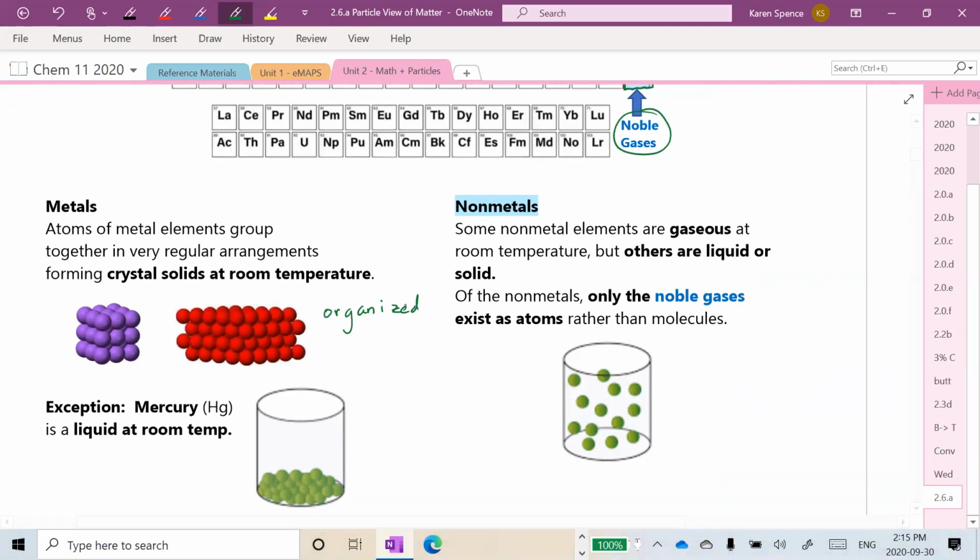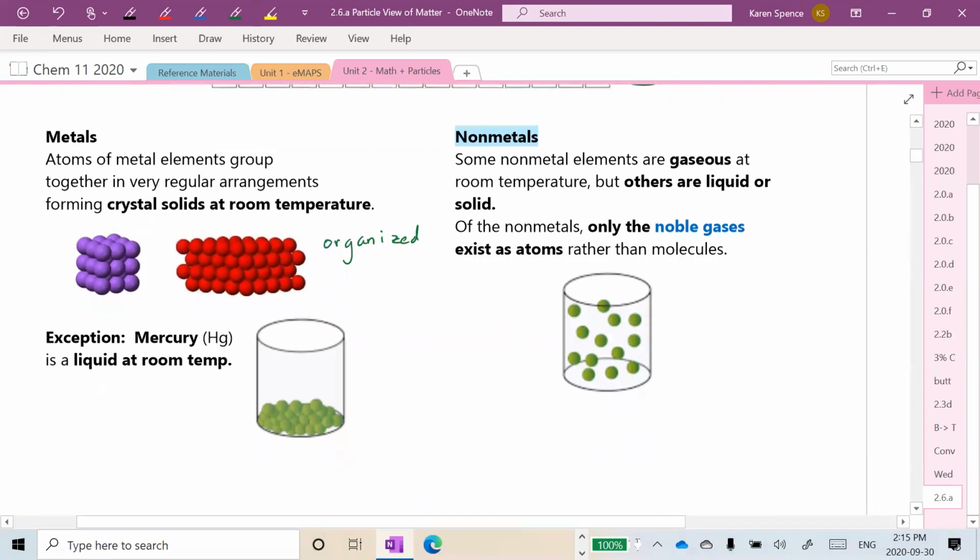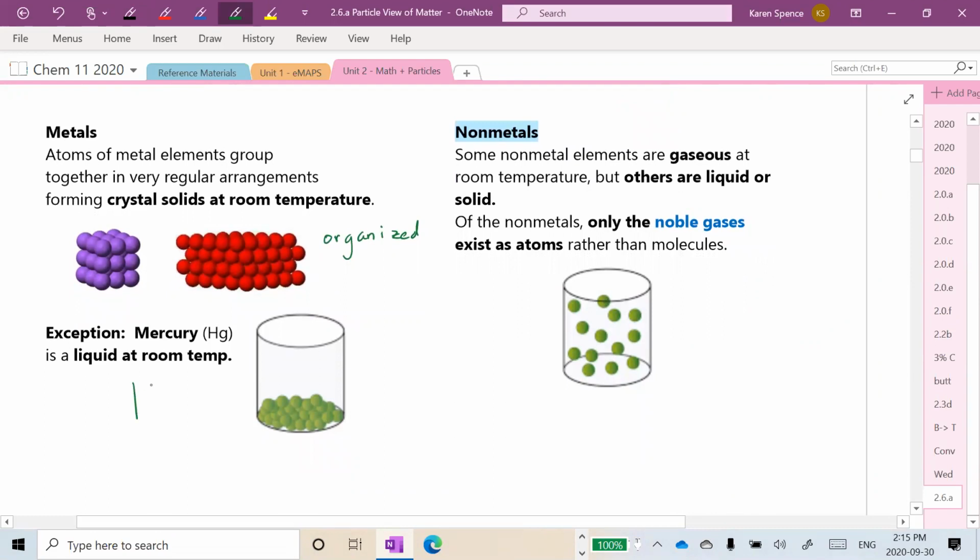There is one exception, and you should know this, is that mercury, Hg, is a liquid. And if you recall, hopefully last year you learned this. If you didn't, I'll teach it to you now. A little subscript at the bottom with a little L means liquid.